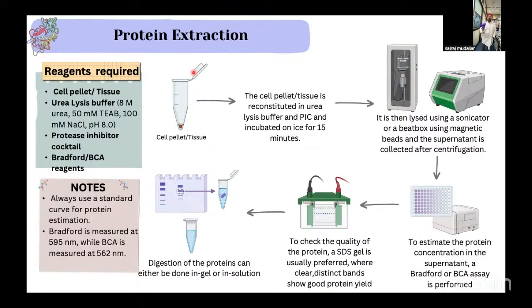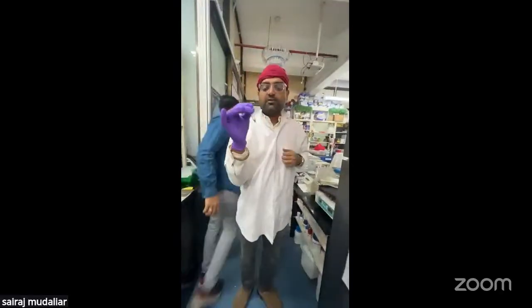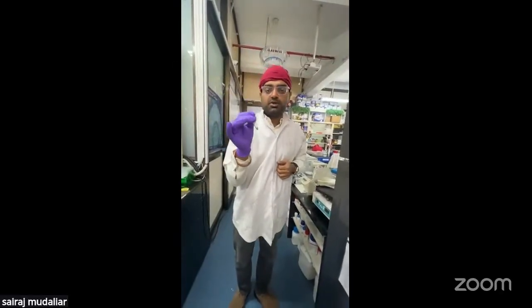You have to be more cautious when you do a phosphoproteome study. So when you do a phosphoproteome study, we have to be more careful so that the proteins or the tissue should not get degraded. So now let's come here.